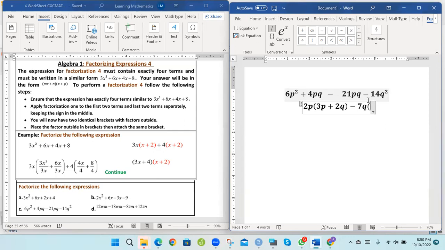Now, bear in mind you are dividing by negative 7, you are not dividing by 7. This negative sign belongs to the 7. We are dividing by negative 7q. A negative 7 divided into negative 21, a negative divided by a negative is a positive, that's a positive 3.